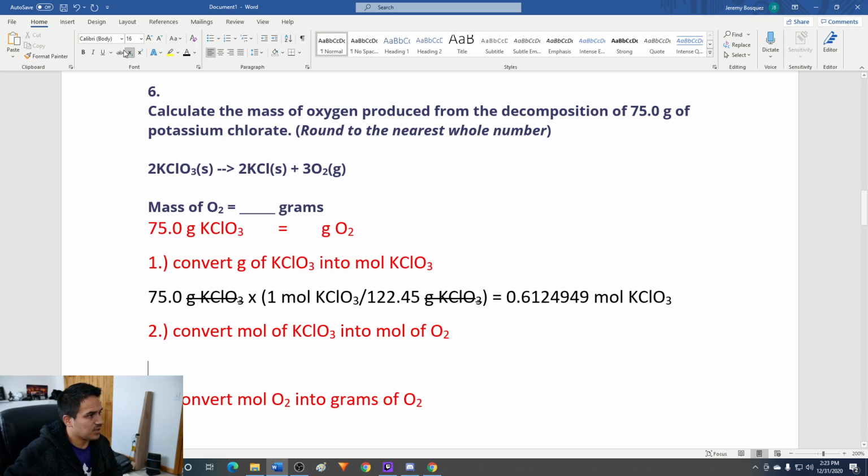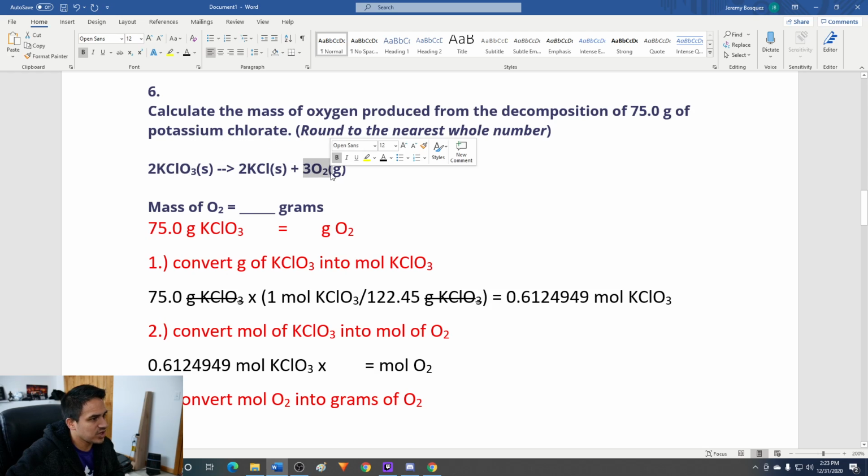Next, we take that number of moles and go from moles of KClO3 to moles of oxygen. So we're going to end up in moles of O2. Looking at the equation, it is a 2 to 3 ratio.